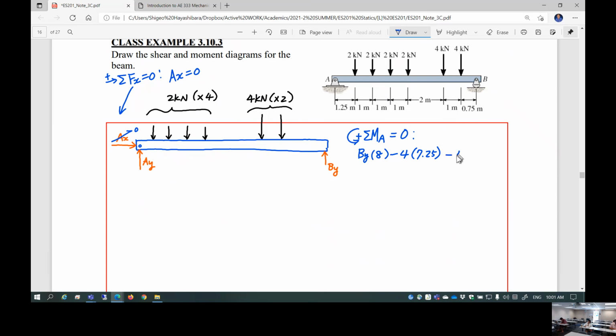And another minus 4 times, this one is 6.25. Right? This is this 4 and that 4. And then a bunch of 2 kilonewtons.